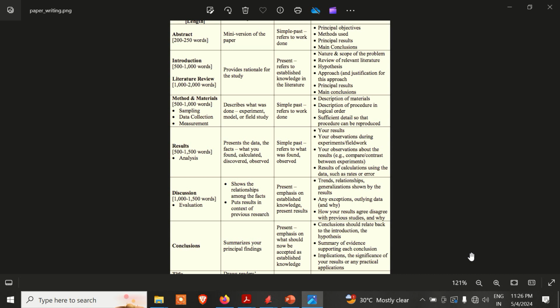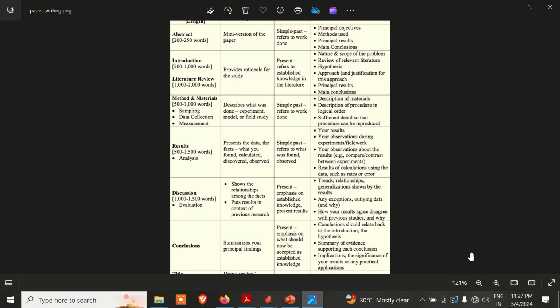The sentences used are in simple past, referring to your work done, and it consists of the objectives of your research work, which methods you have used, what are the results you have got, and if you have drawn some conclusions. Briefly, in 200 words, you should cover all these four.